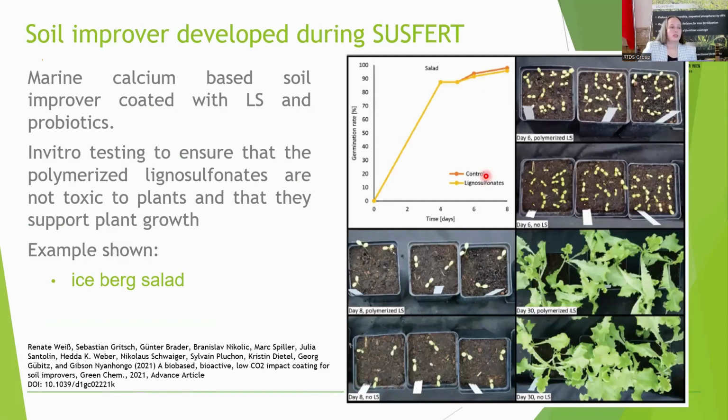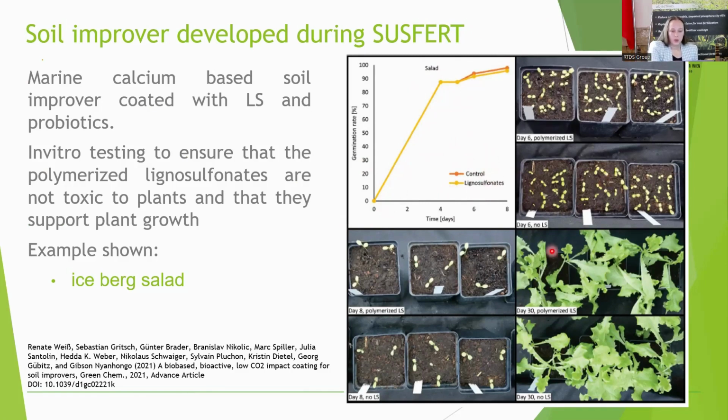So what is now the soil improver we developed during the SASFIR project? This soil improver is based on marine calcium carbonate granules, which were coated with lignosulfonates and probiotics. And there we did a lot of in vitro testing to ensure that the polymerized lignosulfonates that are used for this coating are non-toxic to plants. You can see here the results of one of these trials where we can show that the germination is not negatively affected by the lignosulfonate.